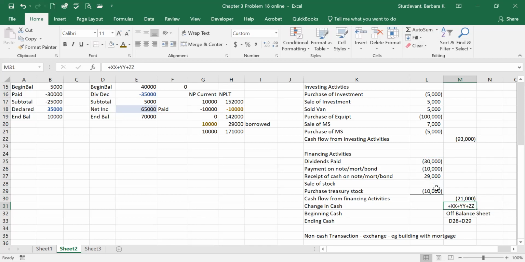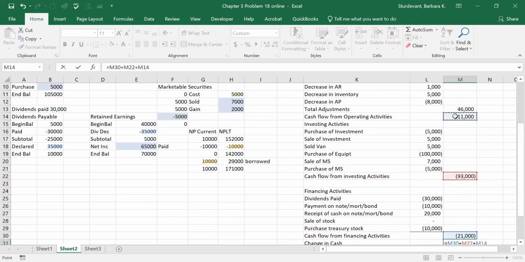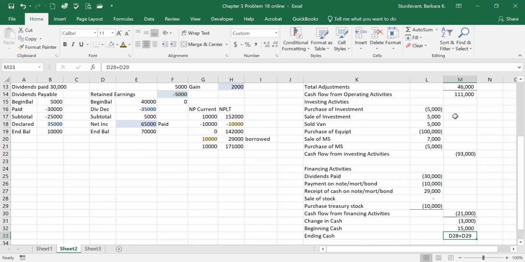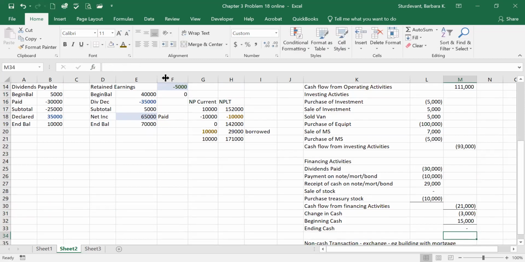Okay, so then we're going to add our 3 sections together. And hope we come out. Okay, and so then you go to your balance sheet. The beginning cash was 15. And if we add those two together, oh, that doesn't work.